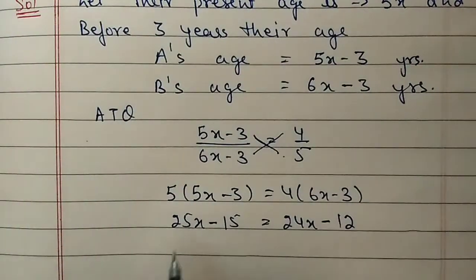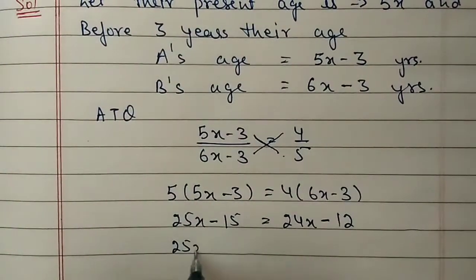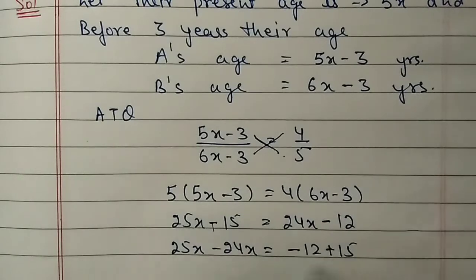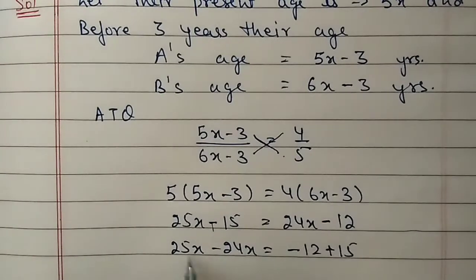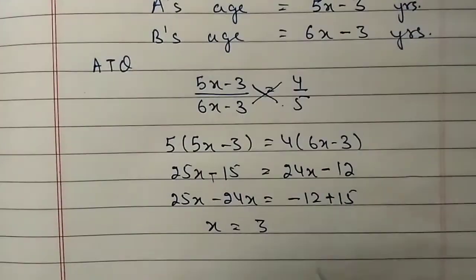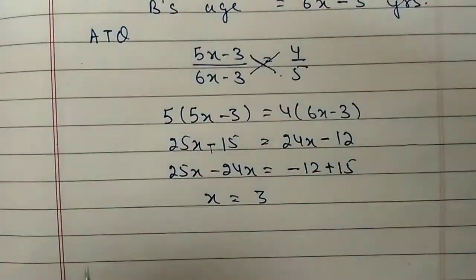Now x shift one side. 25x minus 24x is equal to minus 12 plus 15. This 15 after shifting it will become plus. 24x after shifting this side will become minus. So 25 minus 24 means 1x. Minus 12 plus 15 means 3. It means the value of x is here 3.